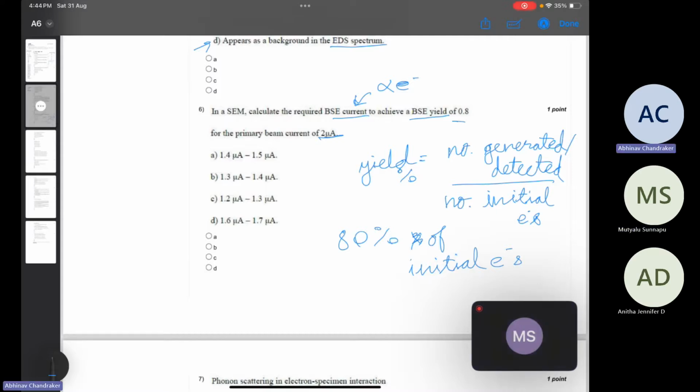So 20% is getting absorbed, I think. Some inelastic scattering is occurring, and 80% is coming out as BSE. So the answer will be 80% of 2 microamperes, which is D, 1.6 microamperes.